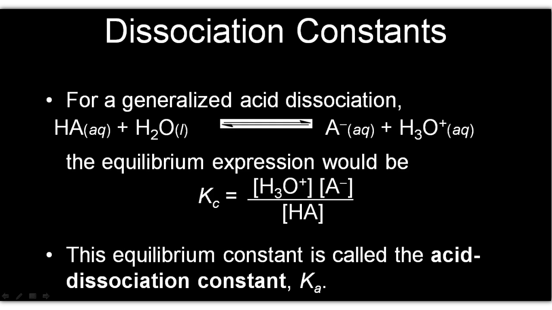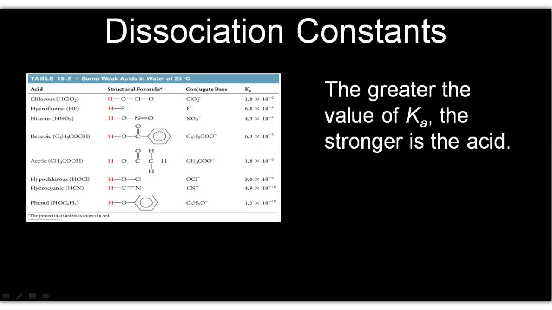So again, looking at these Ka expressions, I'm saying it ahead of time, we have these equilibriums, but notice we're just changing the little variable from a Kc to a Ka. So we're looking at it more from an acid-base perspective, in this case an A. Looking at how some of these dissociate.